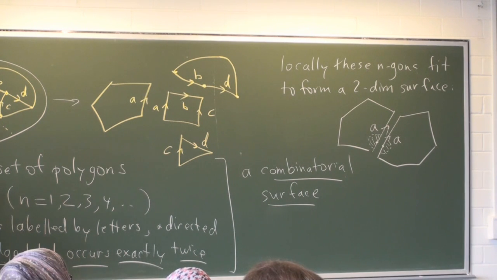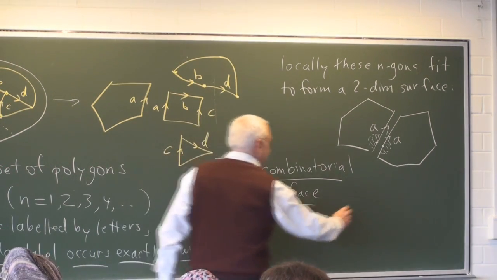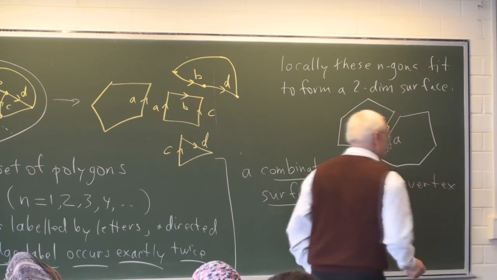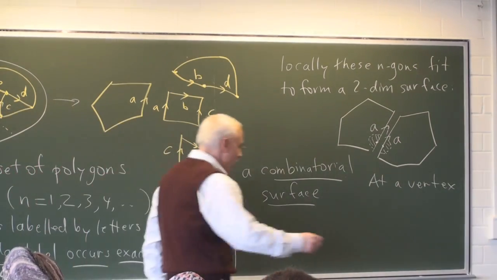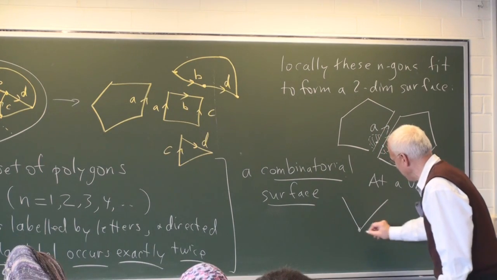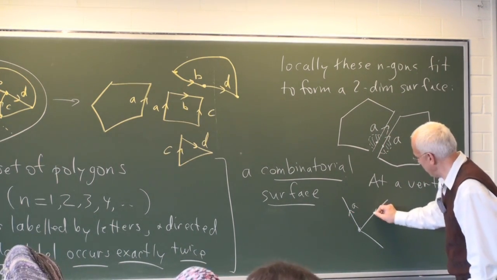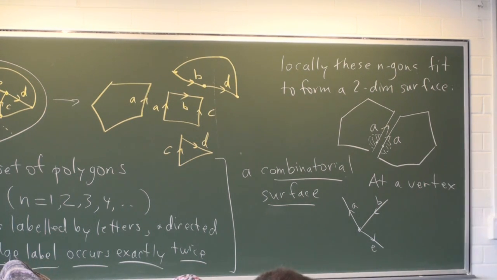Now there's something else to check, and that's what happens at a vertex. At a vertex where several different edges meet, here's our vertex, and we're going to have different edges meeting. So for example, maybe there's an edge A there, and an edge B there, edge E there, something like this.